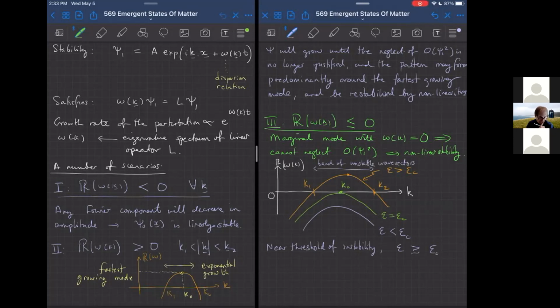So this band of unstable wave vectors will be small, which means if I look at the magnitude of k1 minus k2, as long as that is much less than k0, then we can say that the emergent state will have a pattern whose wavelength is going to be lambda equals 2 pi over k0, because that's going to be the fastest growing mode.